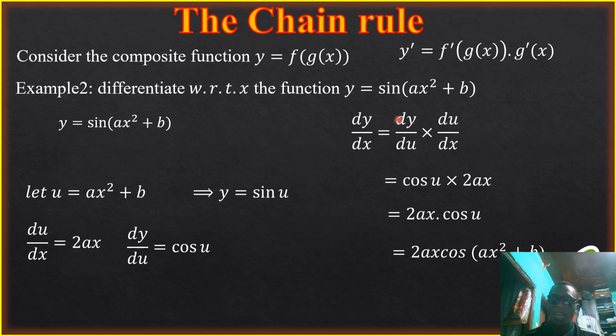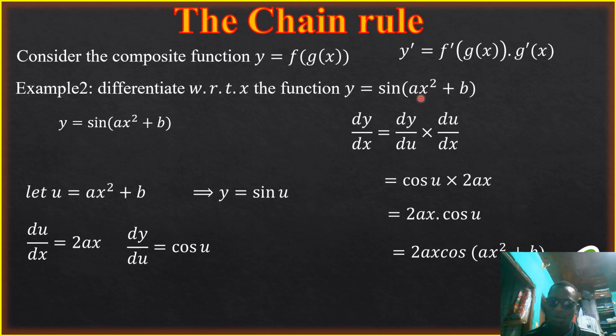When you differentiate the sine function, what do you have? The cosine function of that same thing that is inside. Whatever is here, generally the derivative of the sine function is its cosine counterpart. Finally, we are not done. If you are applying the chain rule directly without going through all this long procedure, just know that I write cosine, the derivative of sine is cosine, but I'm not yet done.